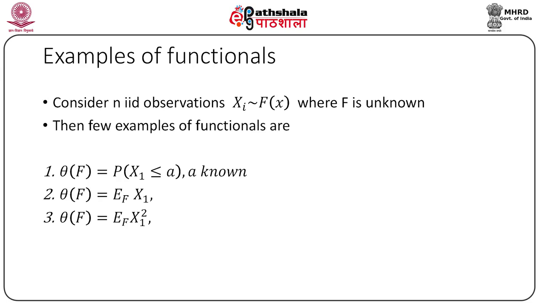Assume Xi are IID observations from an unknown distribution F, where F is as usual unknown but known to be continuous. Then a few possible functionals are: number 1, theta equal to the expected value of the indicator of X less than or equal to a, where a is known, under F. As our next example, we consider the expected value of X, where the class script F contains all distribution functions with finite expectation.